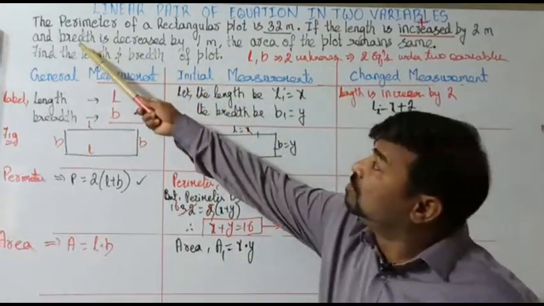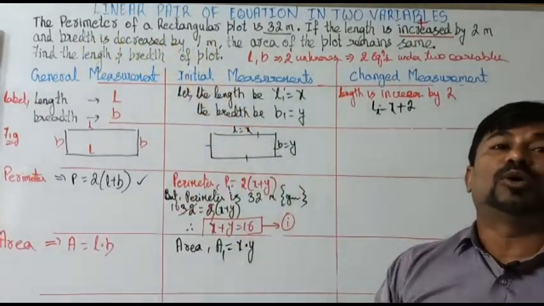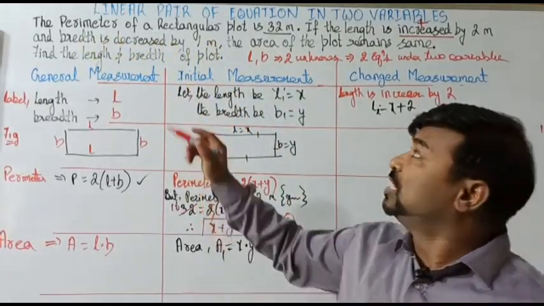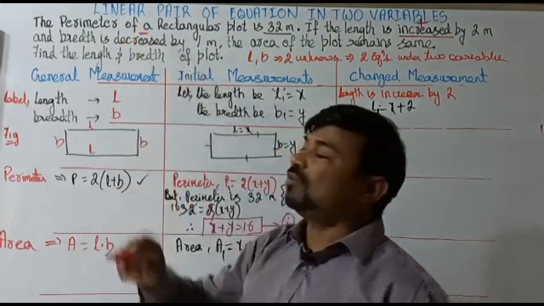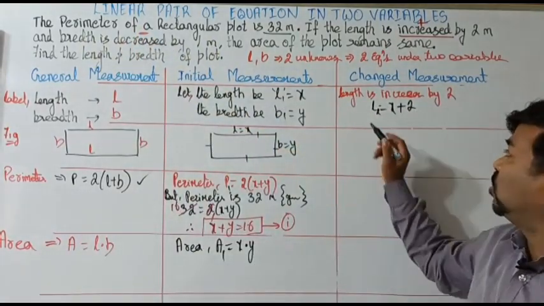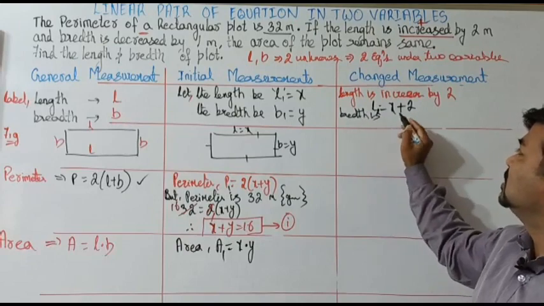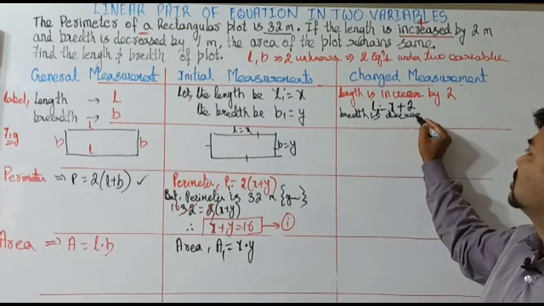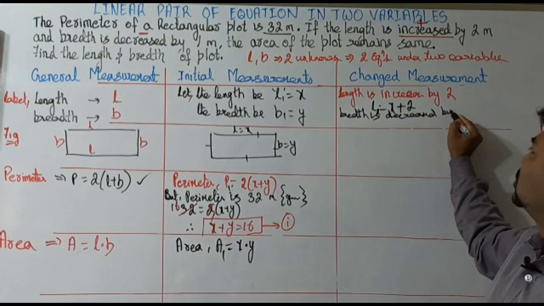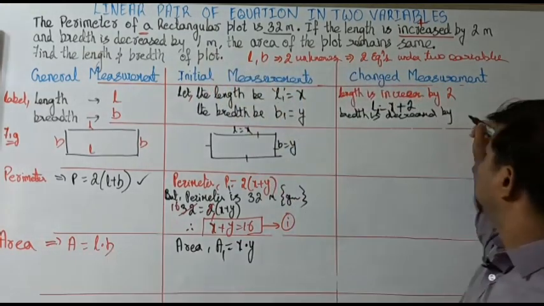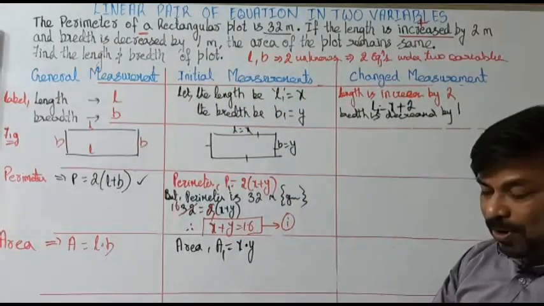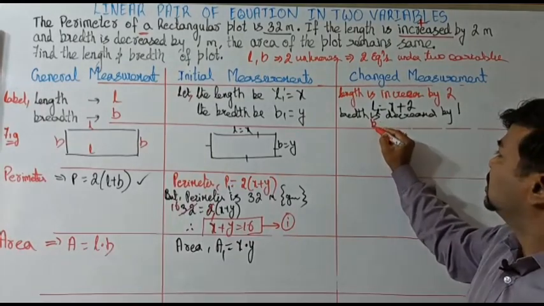Now, the breadth is decreased. What symbol are we going to use for decrease? It's nothing but take away, it's minus. That's what you have to take. Breadth is decreased by 1 meter. Now how much is the breadth becoming?